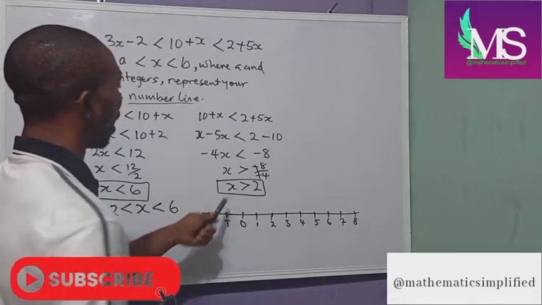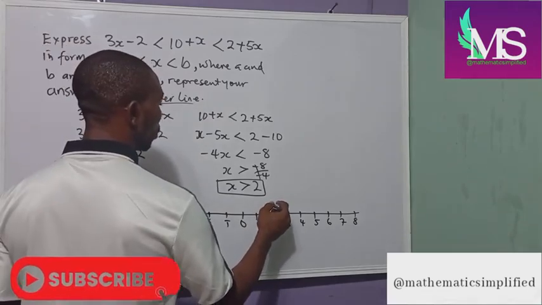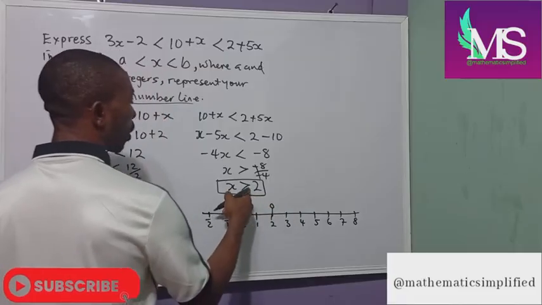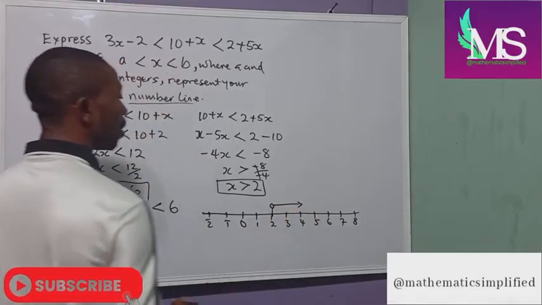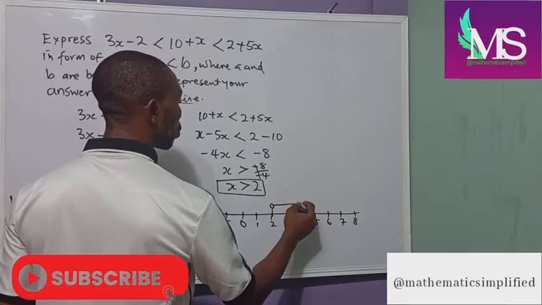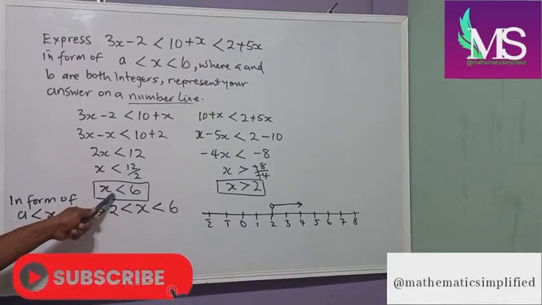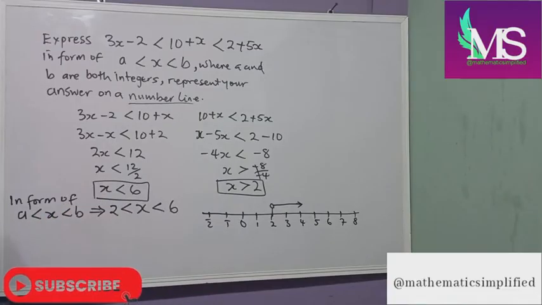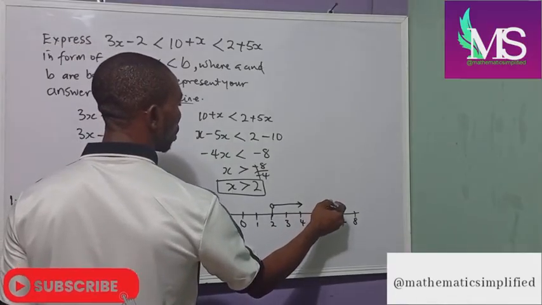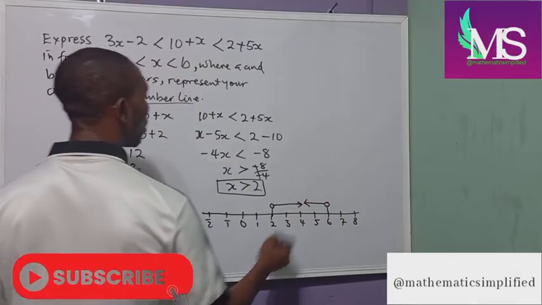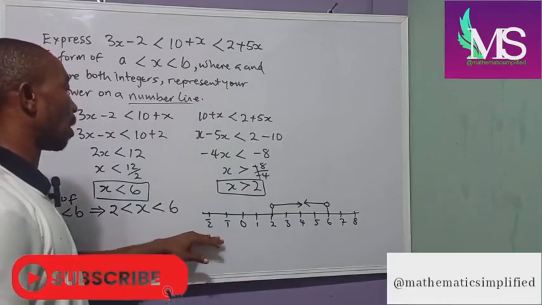Now, since x is greater than 2, from 2, look at where your arrowhead is pointing towards this way. Okay, x is greater than 2. Alright, and x is less than 6. Our arrowhead is pointing this way. So from 6, x is less than 6. Now, this forms our number line.